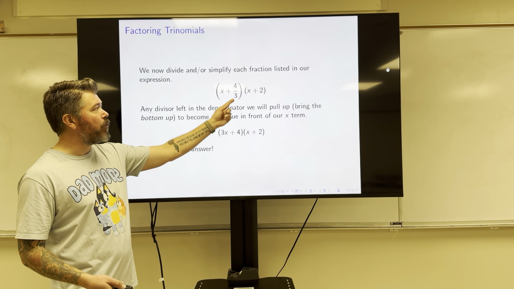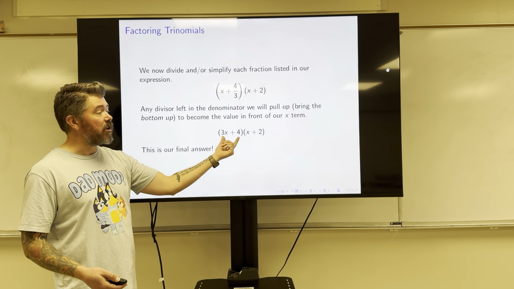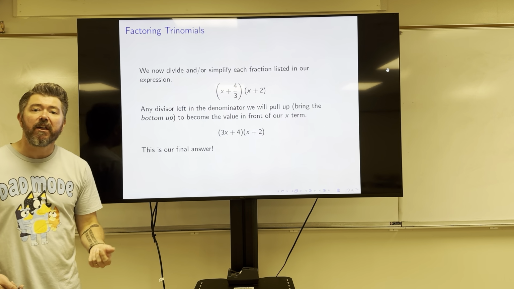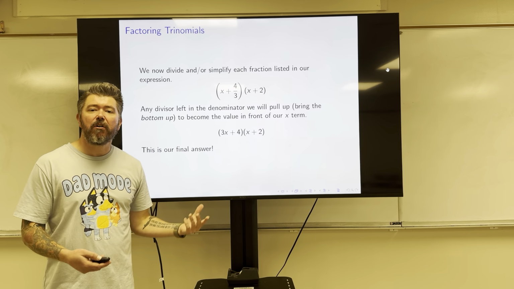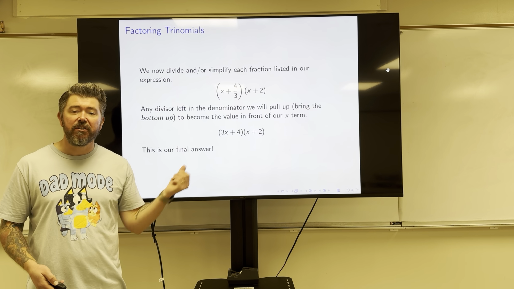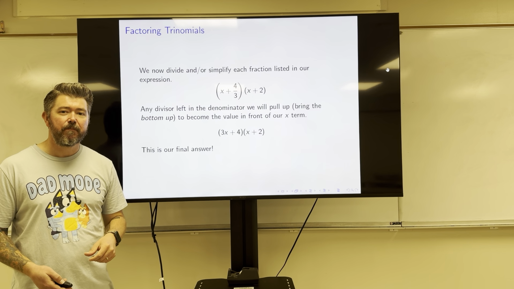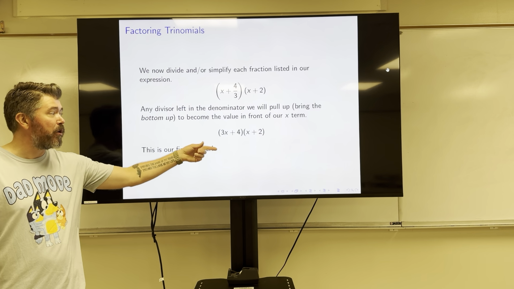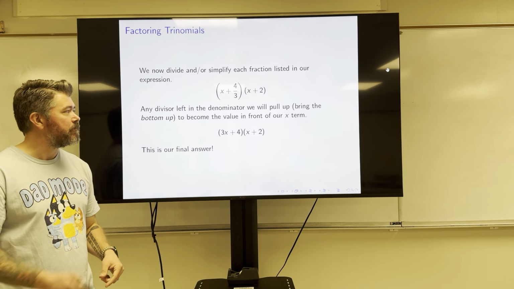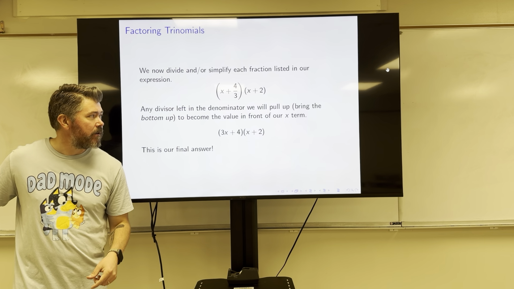So x plus 4/3 is going to turn into 3x plus 4. And the x plus 2, there was nothing left on the bottom, so I don't have to worry about it. And this is my final answer. And you can check by foiling here, if you want to pause the video and foil this. Okay, so this is going to be our trick for the AC method.